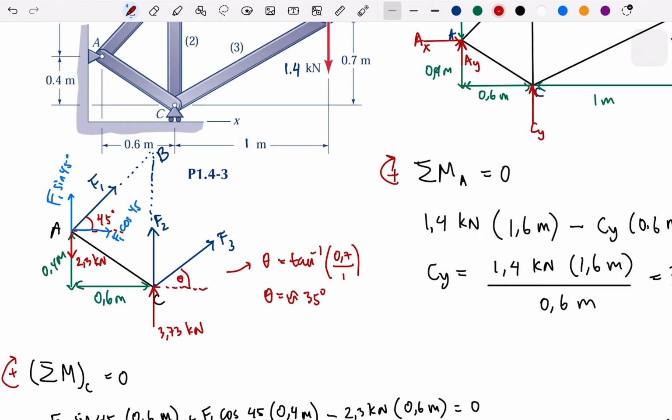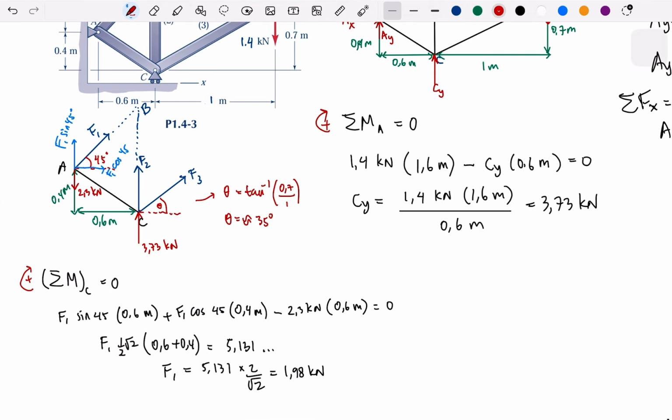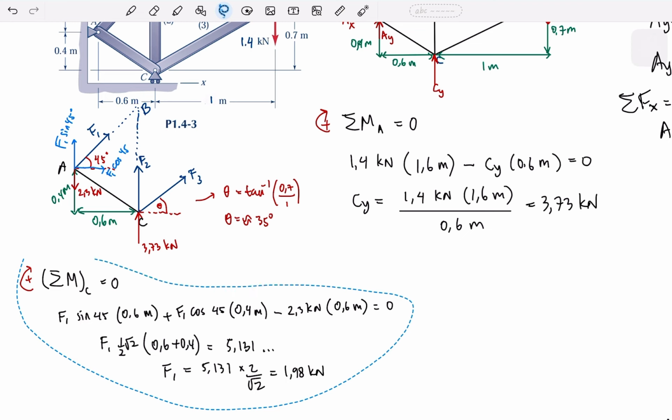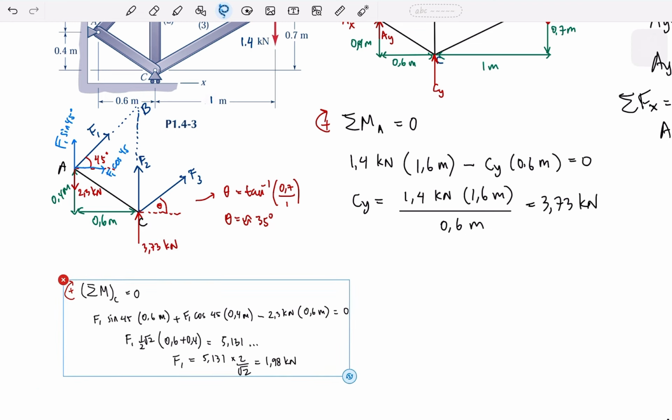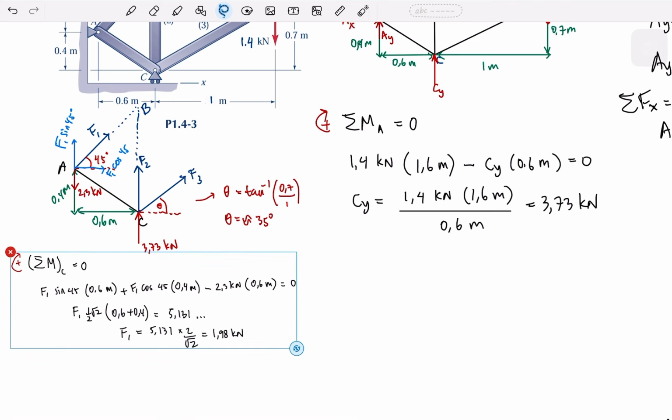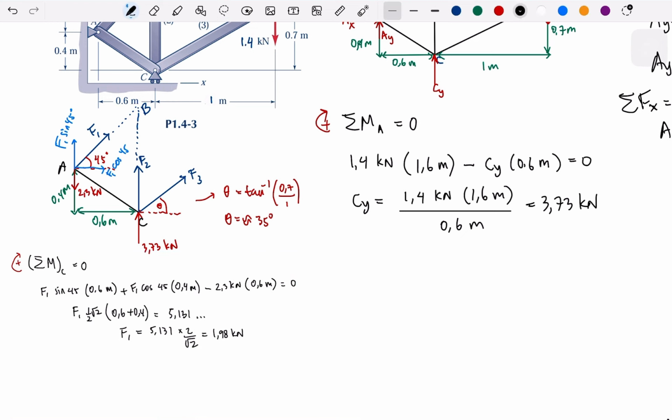So we take the moment. Let me make this a little bit smaller. So let's see how much time we do need to work on this. So let me write here this sigma moment on B. And again, this is the reference. This is equal 0.